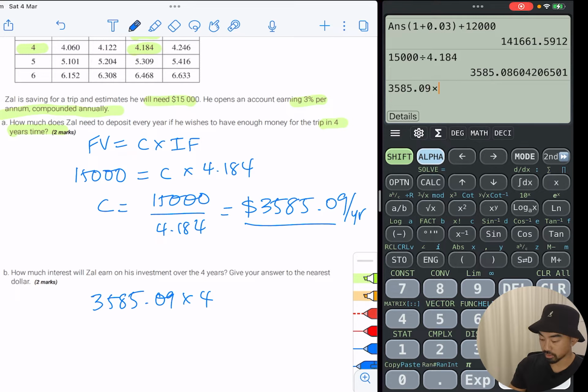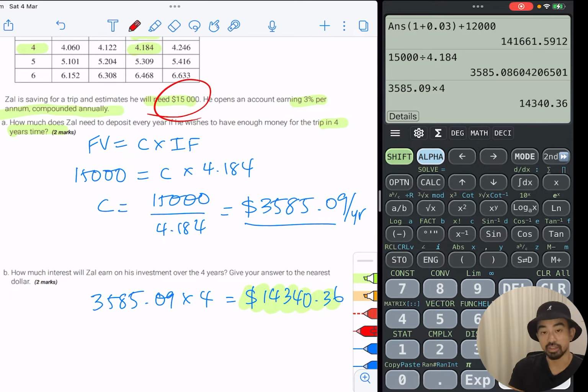$3,585.09 times 4. So he's only put in $14,340.36. But in the end, as we figured out at the start, he gets $15,000. That must mean the difference is going to be the interest.